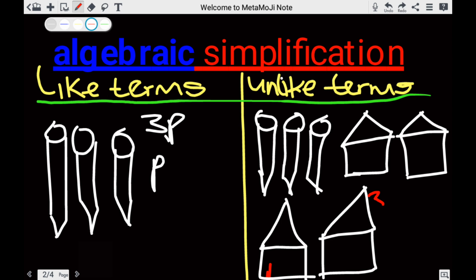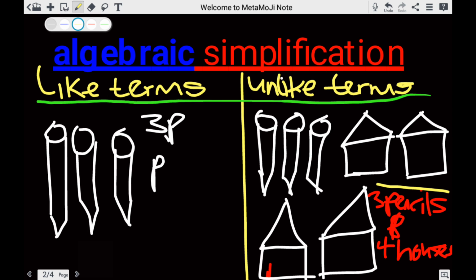We can say 3 pencils and 4 houses. I would like you to bear with me on the spelling of houses.